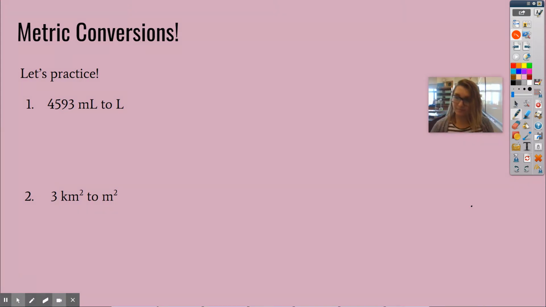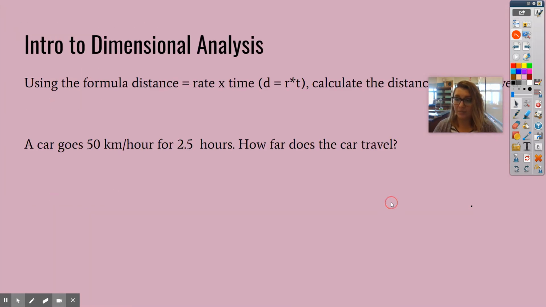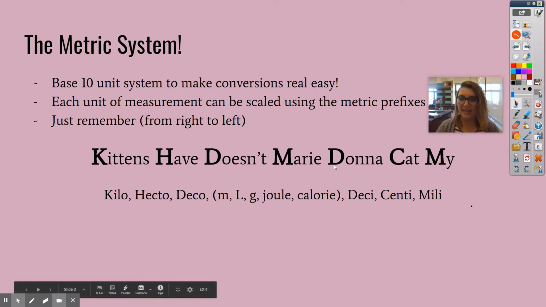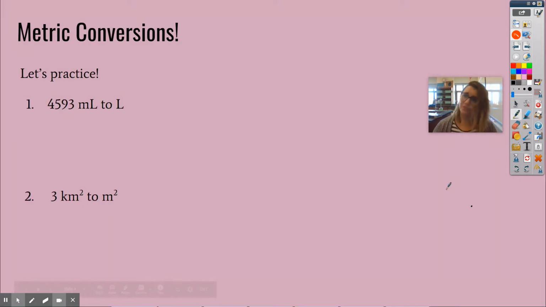All right, so first thing we need to do is get our prefixes across the board. I kind of forgot to say this. I'm going to go back a slide. If you remember the metric prefixes, a good way to remember them is by my cat, Donna Marie, doesn't have kittens. Those are the metric prefixes. So first thing we're going to do is write across the top the metric prefixes.